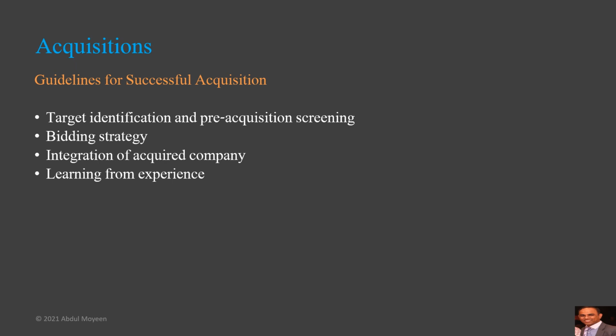Integration should center upon the source of potential strategic advantage of the acquisition. Integration should also involve steps to eliminate any duplication of facilities or functions. In addition, any unwanted business units of the acquired company should be divested.